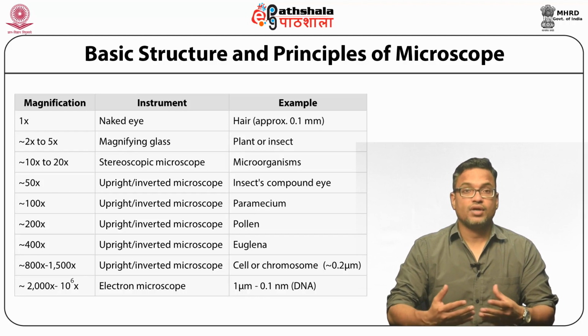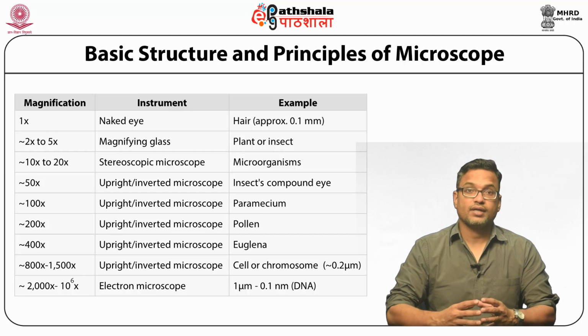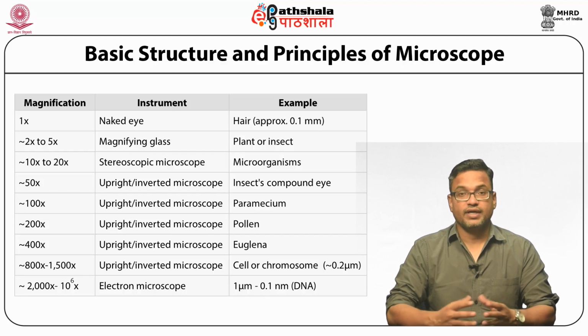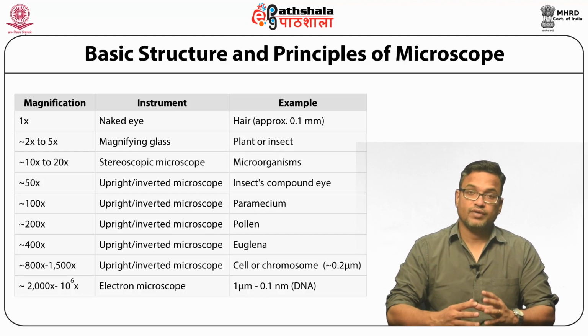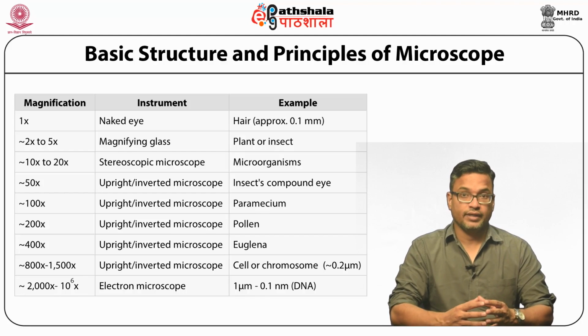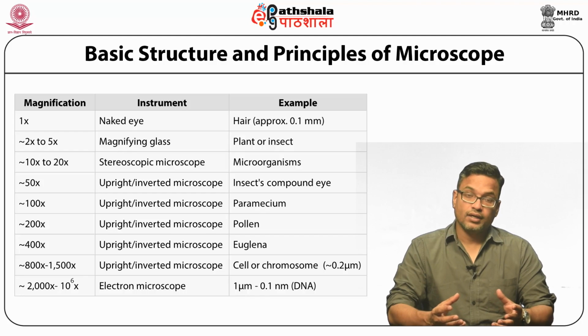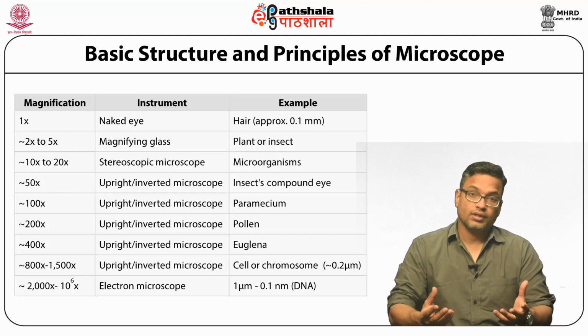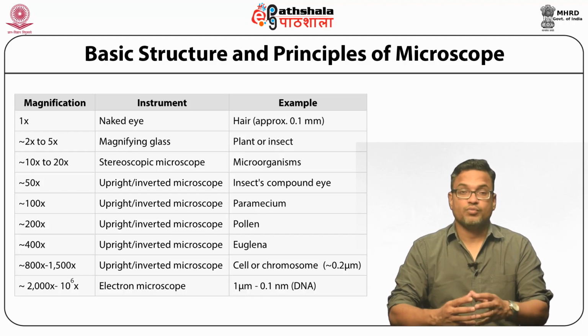Then we can go up to 400x and 1000x magnification, using again an upright or inverted microscope, where we are looking at the structure and composition of euglena, or a cell, or a chromosome. A chromosome is almost 0.2 micron in width. So by using that higher magnification, we can visualize an object of width 0.2 micron.